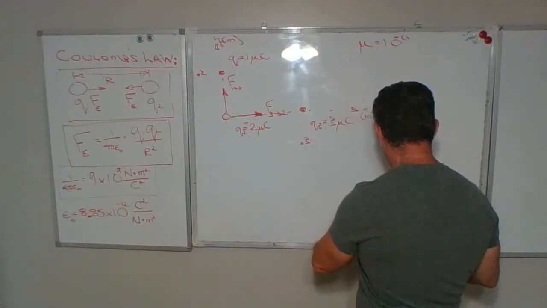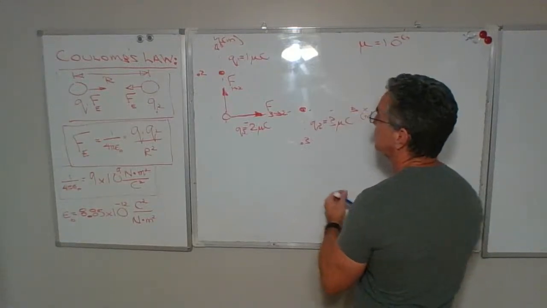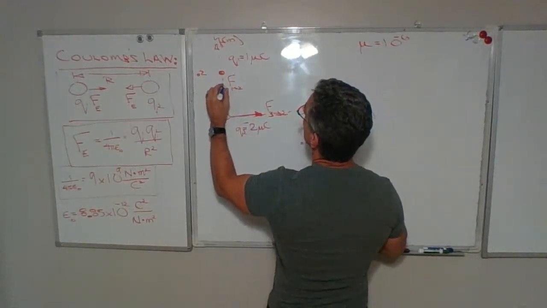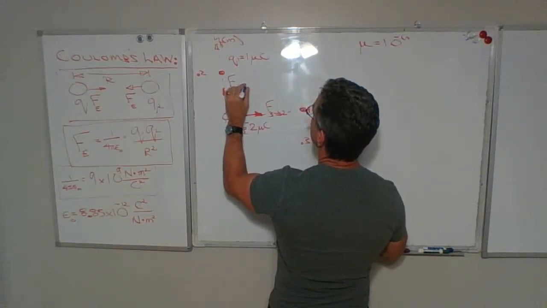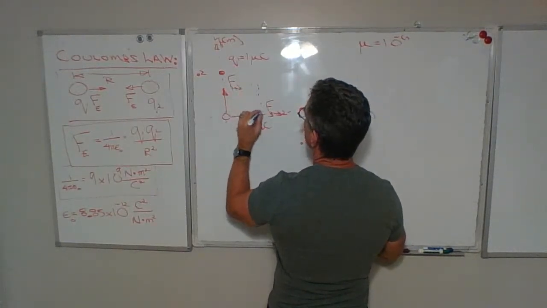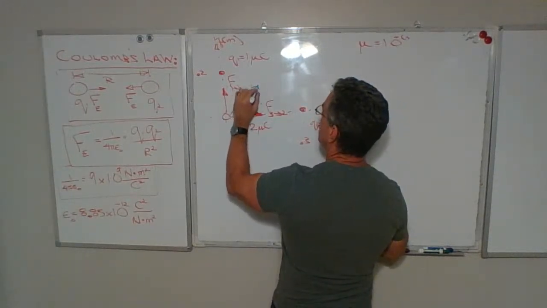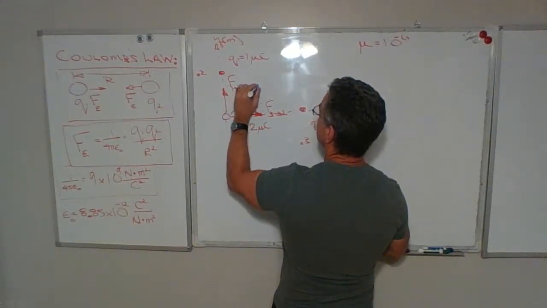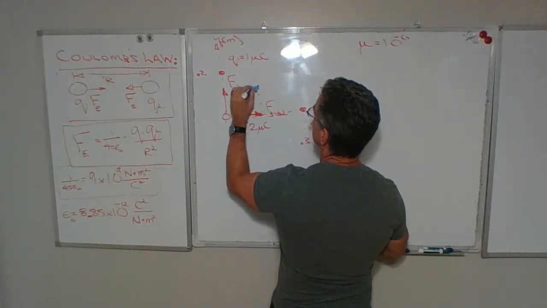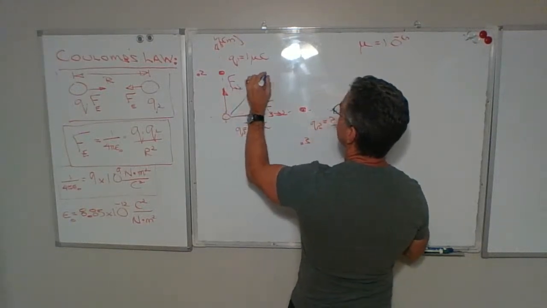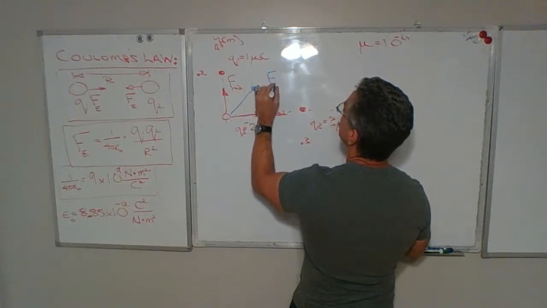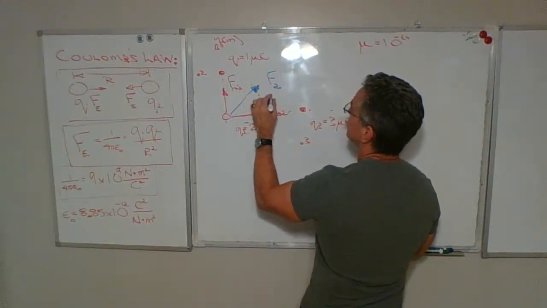And I'll draw that in a different color. So we can add these two vectors together as we learned about in Physics 1. And this would be the resulting vector. Okay, and this is going to be F2, just F2.